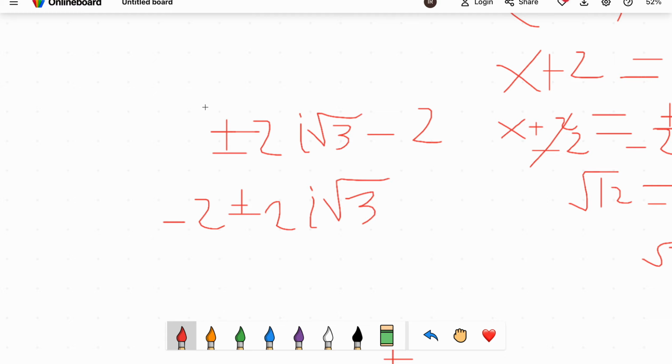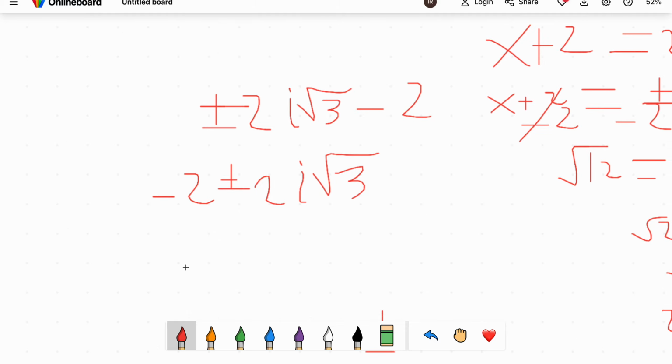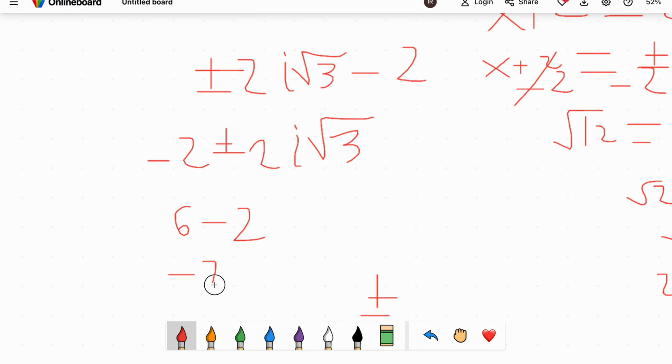So either way this will work. You don't really have to count these as two different solutions because these two are both the same. It's like 6 minus 2 and minus 2 plus 6. Though these don't have a plus or minus symbol in the same place, it's fine. Just leave it like that.